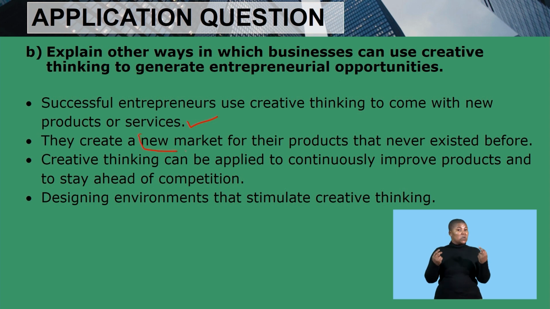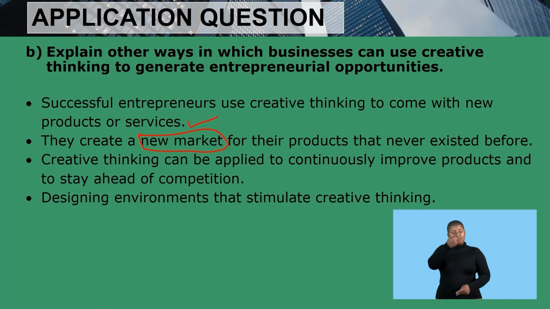Remember, when we speak of a market, we're speaking about a place where buyers and sellers meet. But here, creating a new market means new customers, new clients for their product that never existed before. Why? Because we are selling maybe new products or a new service. So we are creating a new market for our products, a market that has never existed before, which is good for our sales.